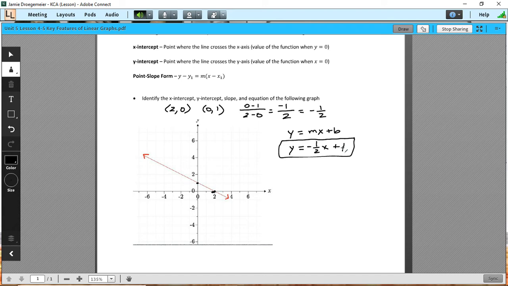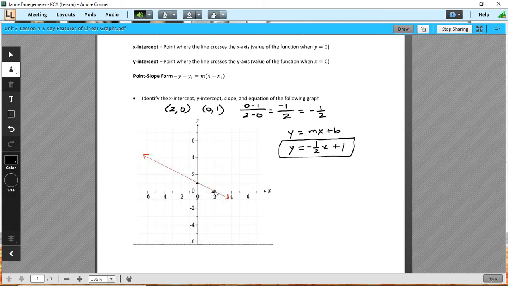If, say, we didn't know what that y-intercept was, maybe we just knew the x-intercept and we knew the slope. Well, if that was the case, then I could use point slope form to write the equation of the line as well. And so what point slope does is we're going to take a point that's on the line.